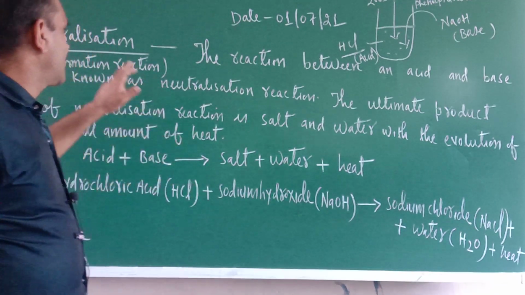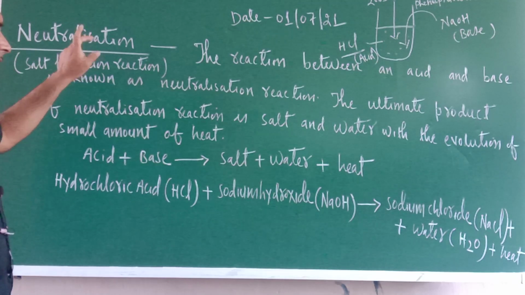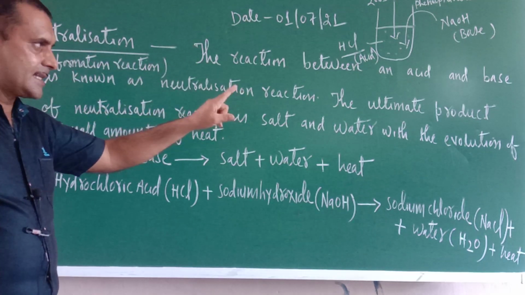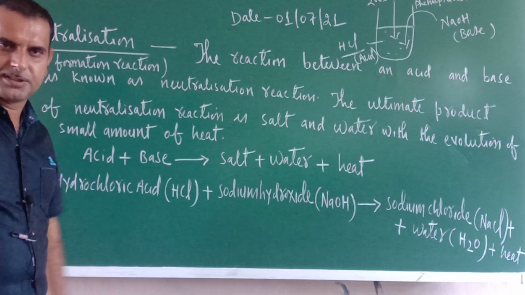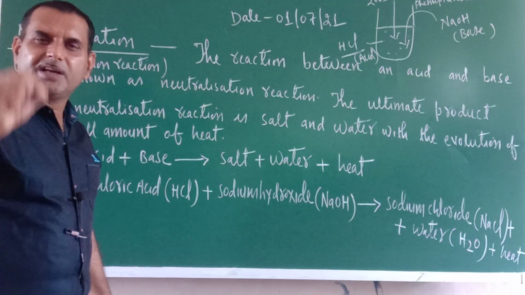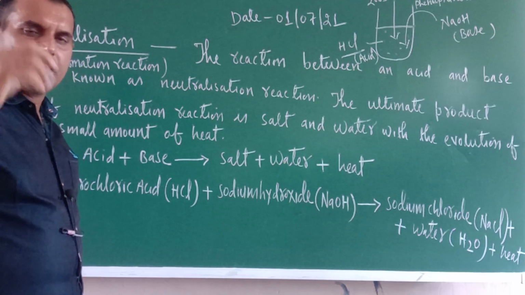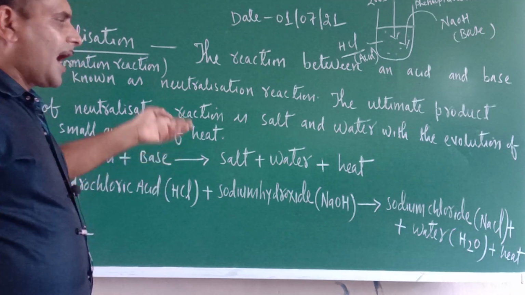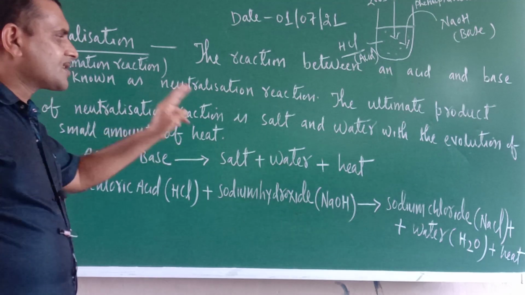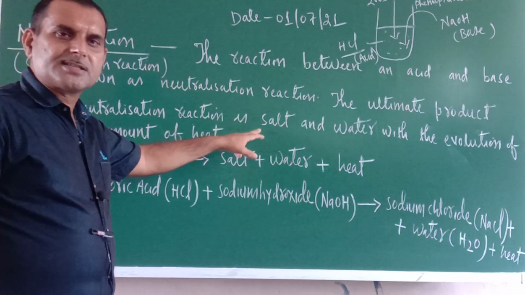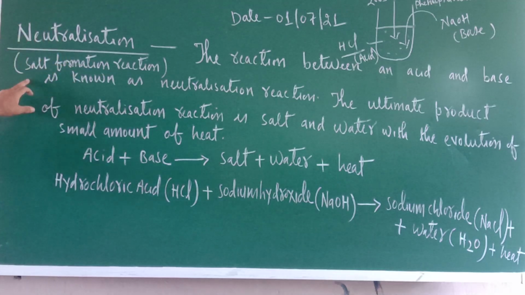So ultimately, what is the neutralization reaction? The reaction between an acid and a base is known as neutralization reaction, and the ultimate products of neutralization reaction are salt and water. Since salt is forming in this reaction, it is also called a salt formation reaction.